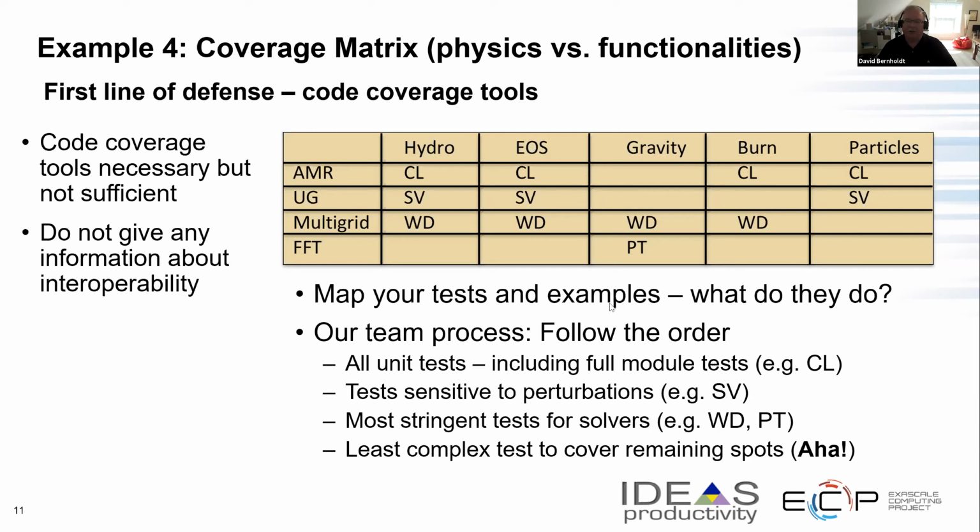And you start thinking about all the tests that you have and what do they exercise, right? So you want to think about all of your unit tests, and what do they exercise. So here's the CL test exercises Hydro and EOS with the AMR module, right? So here's your infrastructure, and here's your physics modules.